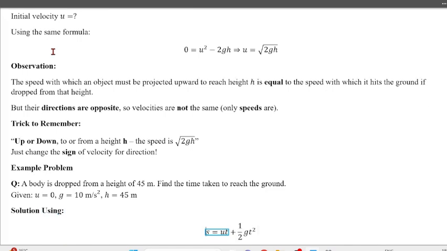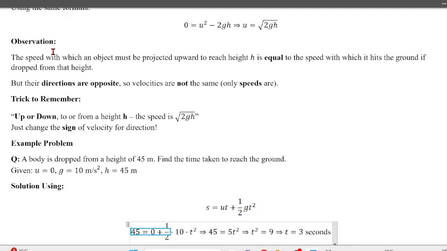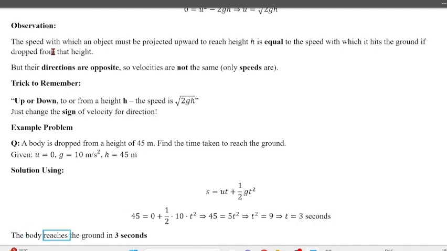Solution using s equals ut plus 1/2 gt squared: 45 equals 0 plus 1/2 times 10 times t squared, which implies 45 equals 5t squared, so t squared equals 9, which implies t equals 3 seconds. The body reaches the ground in 3 seconds.